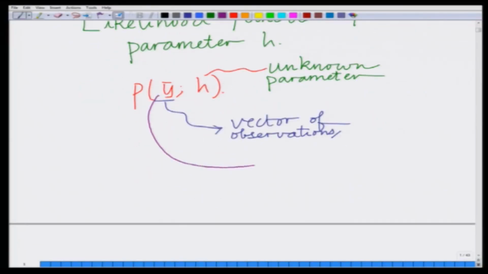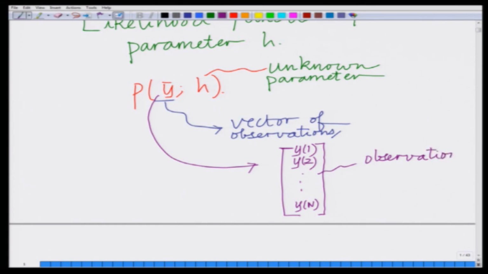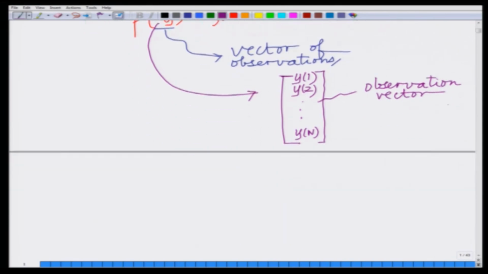So, again just to refresh your memory, y bar is the observation vector y1, y2 up to yn.